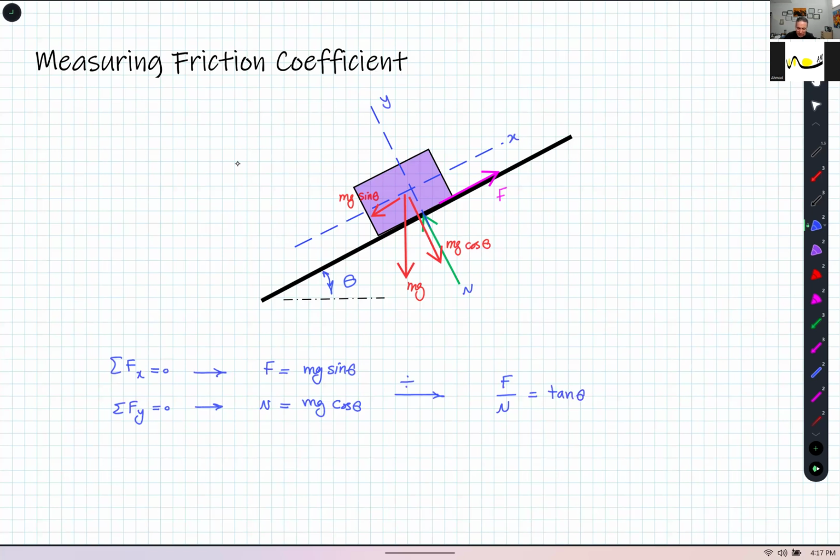But this F divided by N, we already call mu, the friction coefficient. So simply my friction coefficient here, mu, is equal to the tangent of the angle of that incline.